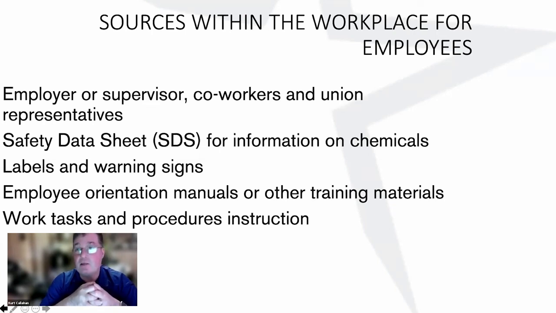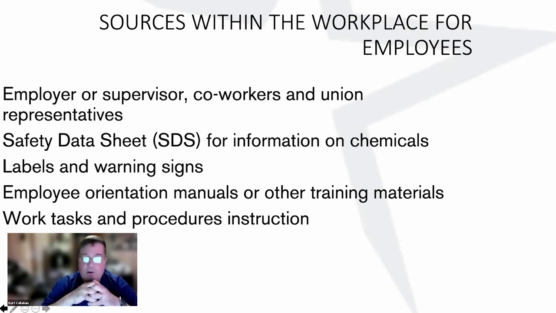And that's another thing you can pick up very easily just by walking through once in a while. Safety data sheets for the information on all chemicals have to be posted, but they're a great resource. Labels and warning signs, another great resource within the system to help you understand, is this really flammable? Because we're using it right next to the heater. That might be something to think about.